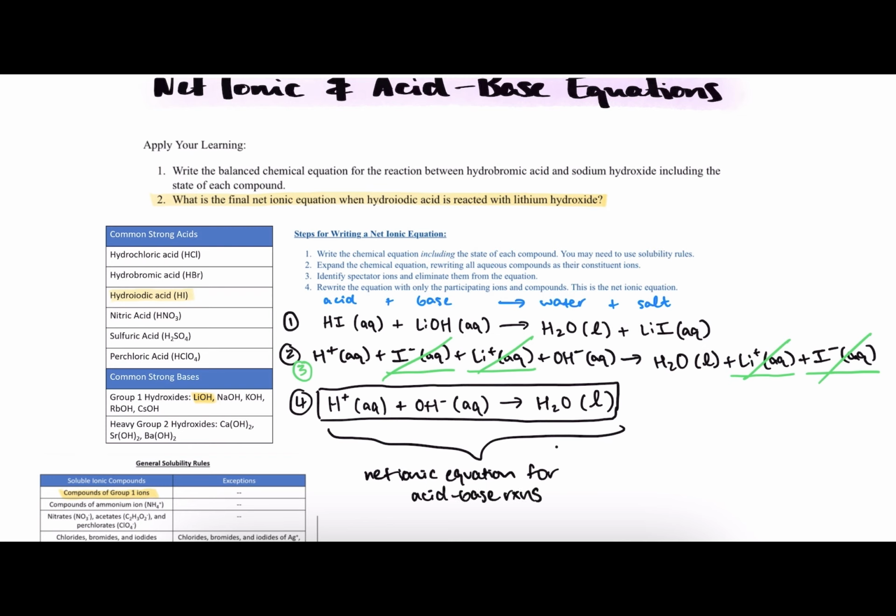Since an acid combined with the base will give water and a salt, as a general rule, the net ionic equation will end up being the same, since the acid will be aqueous, the base will be aqueous, and the salt will be aqueous, and water is the only thing that is changing from start to finish. Everything else will be spectator ions, and so this right here is a good general equation to know. It is the net ionic equation for acid-base reactions.